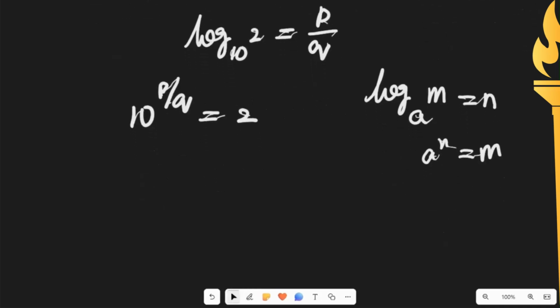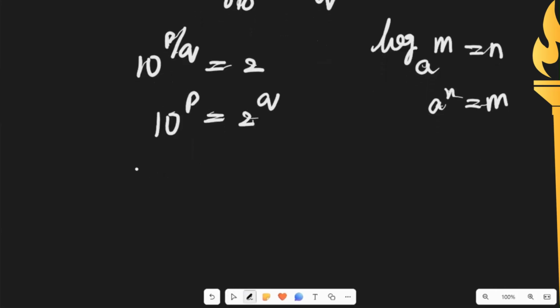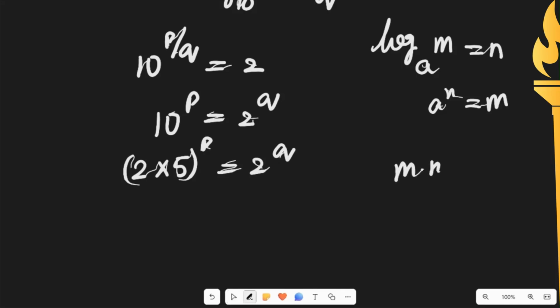If we raise both sides to the power q, you would get 10 power p is equal to 2 power q. 10 can be written as 2 into 5, so (2 into 5) power p is equal to 2 power q. We have (m into n) power a is equal to m power a into n power a.